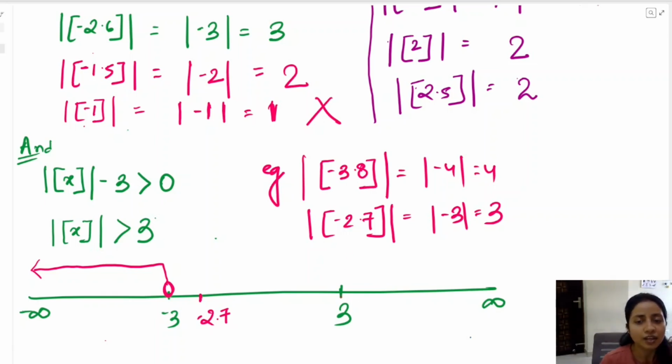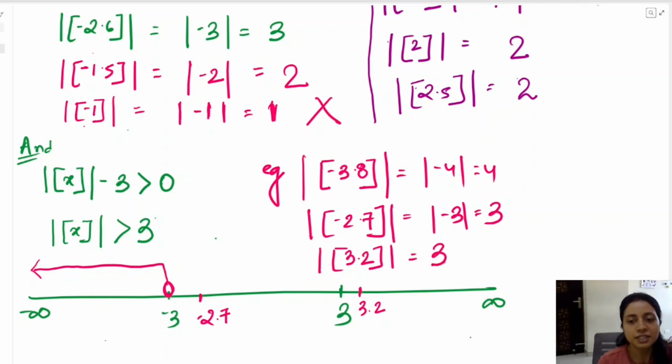What about the positive numbers? Let's check. If we take the number 3, clearly the equality sign is not there, so the inequality will not be satisfied. What about a number very close to 3, that is 3.2? From here as well we are getting just 3, and again 3.2 is not satisfying our inequality. Similarly, if you take 3.4 or 3.5 or 3.9999, you will find that these numbers are not satisfying our inequality.